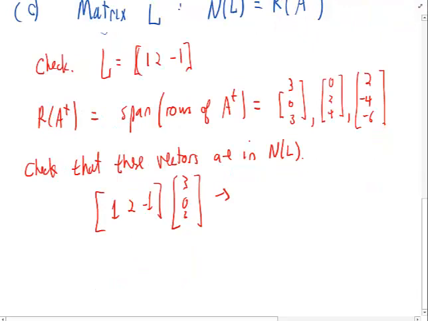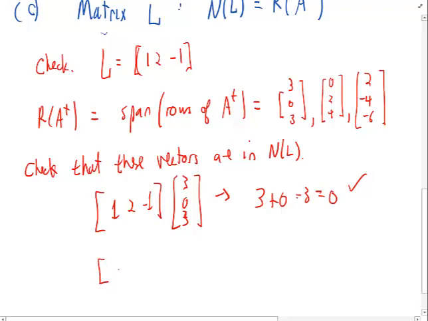So when I do this product, what do I get? Well, the inner product is going to be 3 plus 0, and this was a 3 down here, so that's minus 3, which is equal to 0. Now notice the result is a 1 by 1 vector, so you do get all zeros here. So this is in the null space.